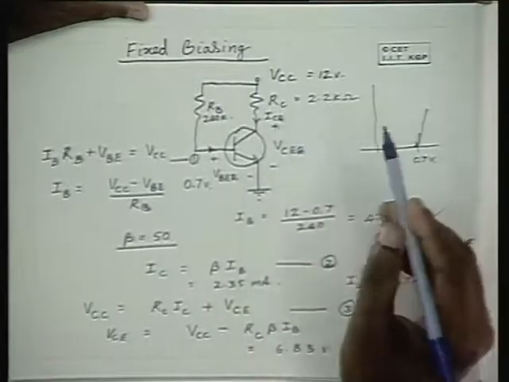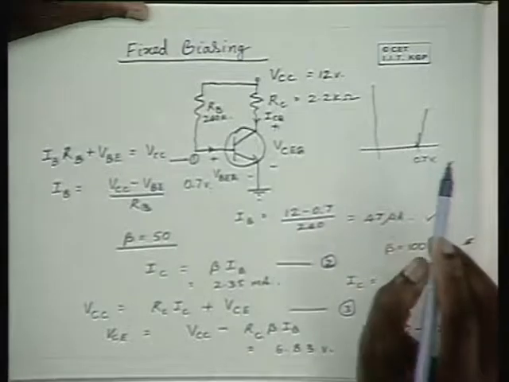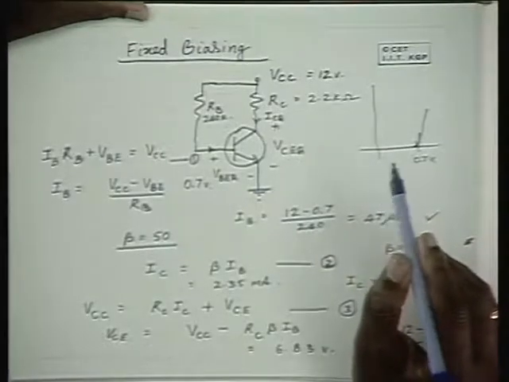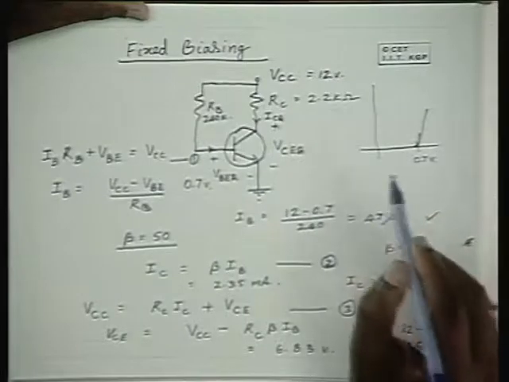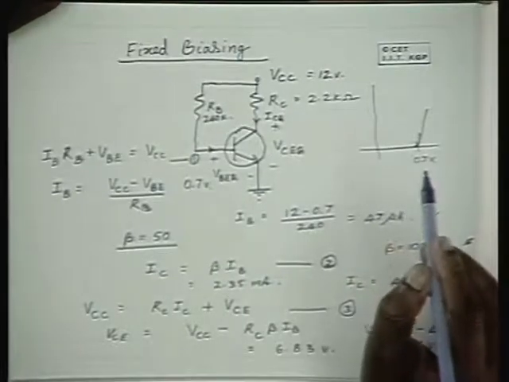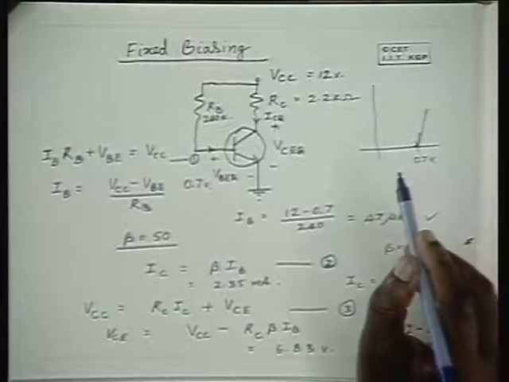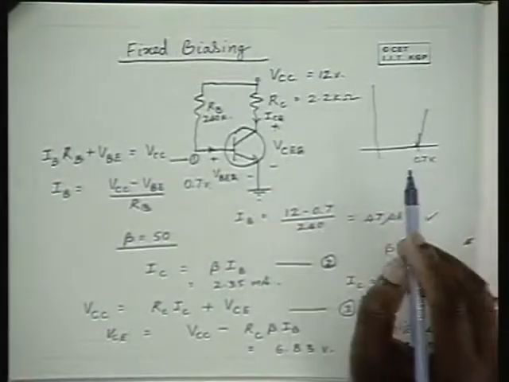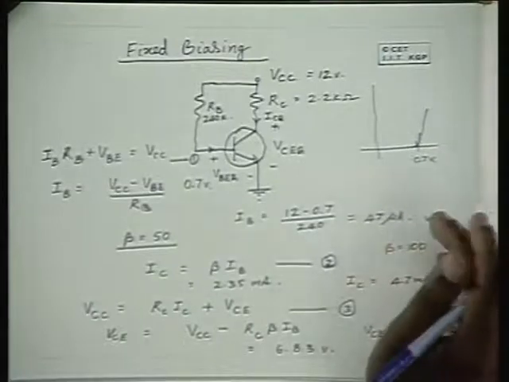And ultimately the transistor gets burnt. First of all, the Q point gets shifted. This is known as thermal runaway. Due to a temperature rise, the transistor Q point shifts and ultimately it may get burnt.